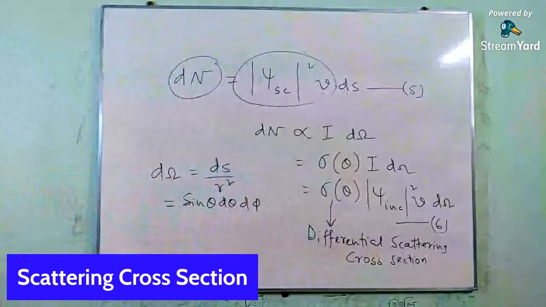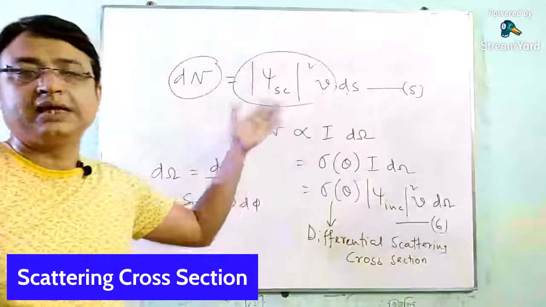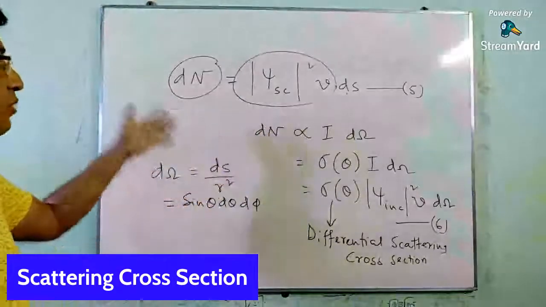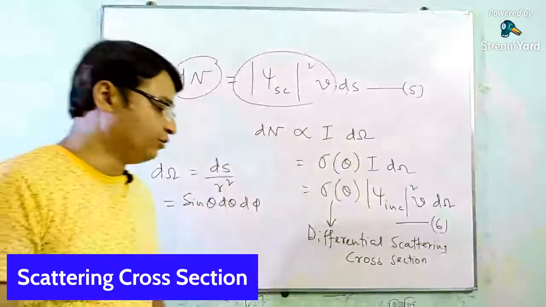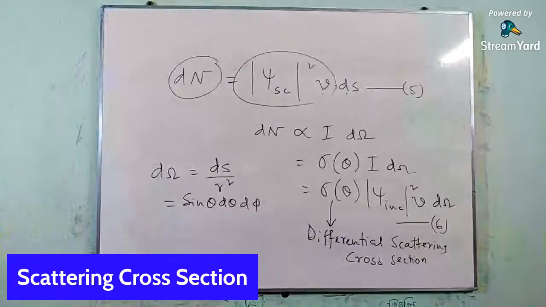Now from equations 5 and 6, equation 5 gives us dn in terms of the scattered flux, mod psi sc square into v ds, and equation 6 gives us dn in terms of the incident flux, sigma theta mod psi inc square into v d omega.